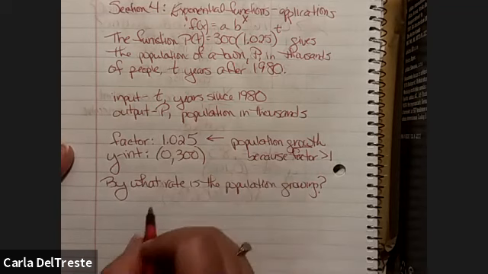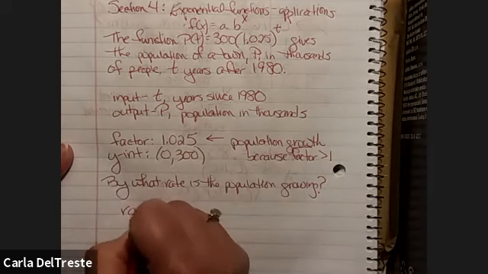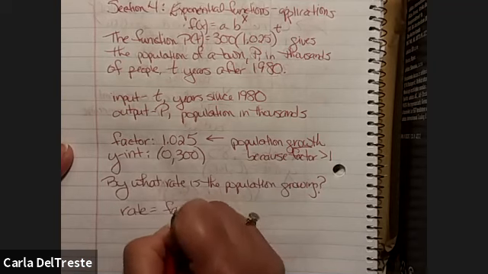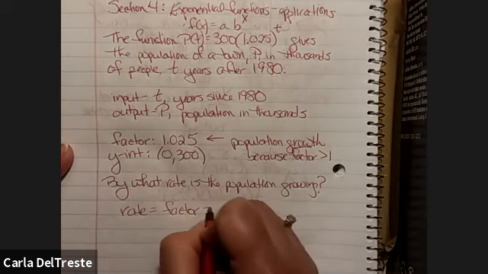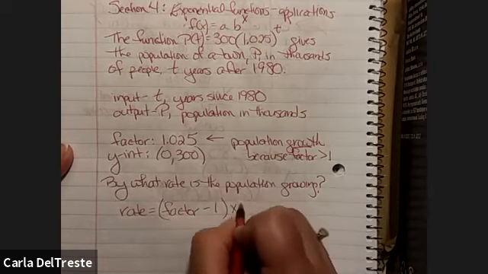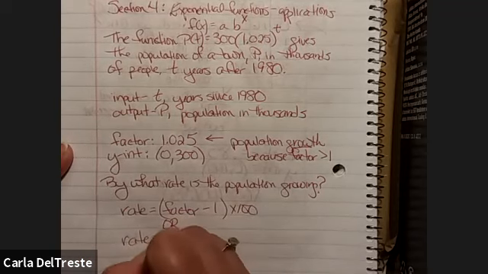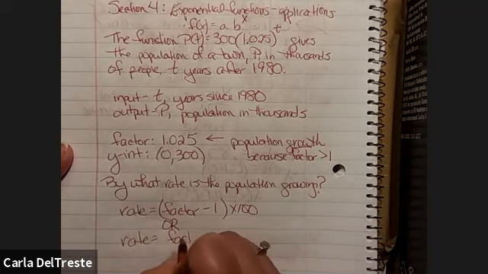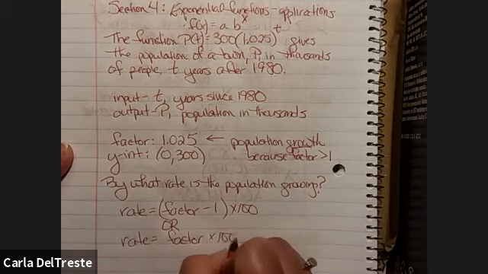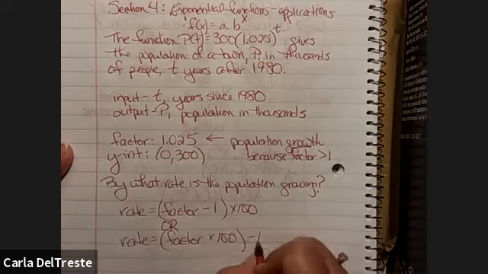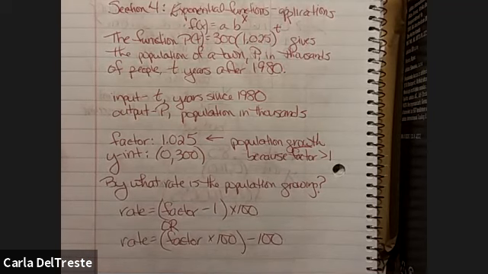If you want to see the work for that, remember that rate is factor minus 1 times 100, or, again, this all depends on how you think about it, factor times 100, because you're turning it into a percentage, minus 100, all right? This all depends on how you want to think about that.